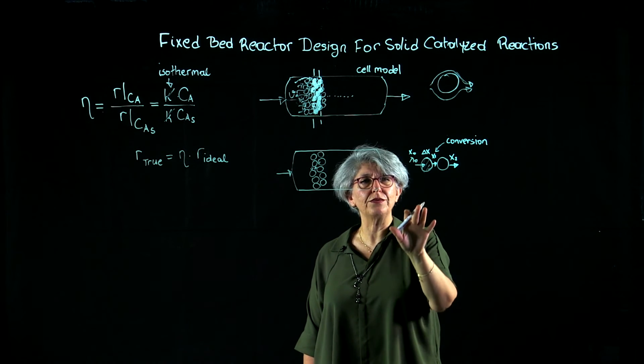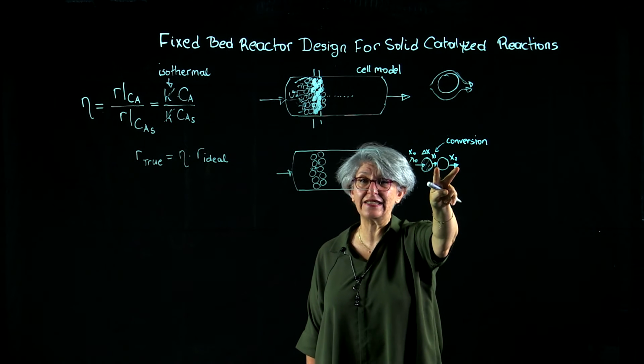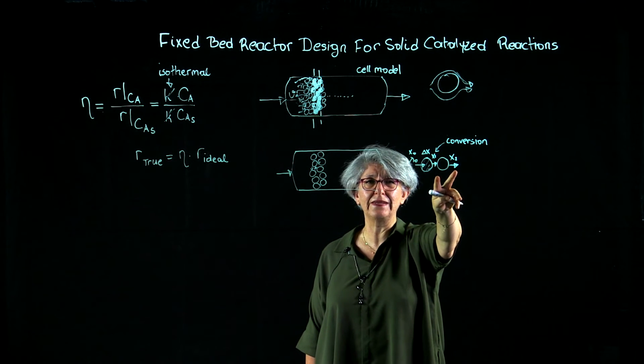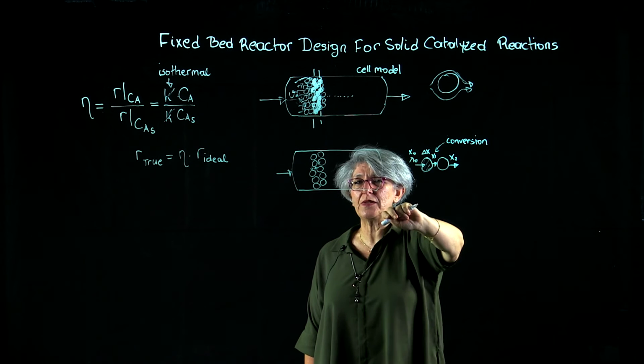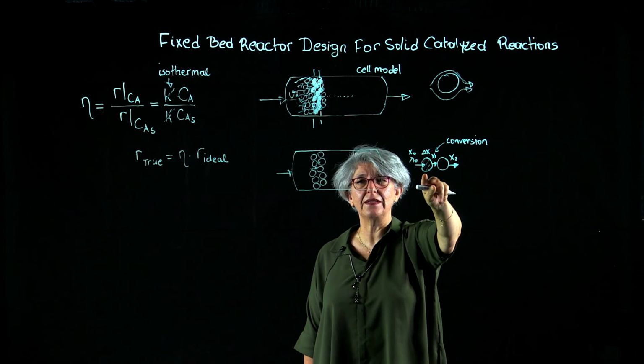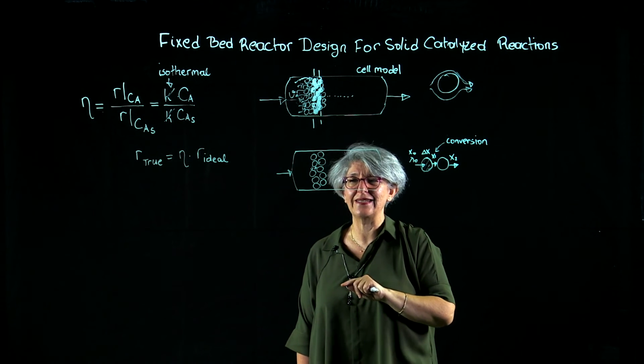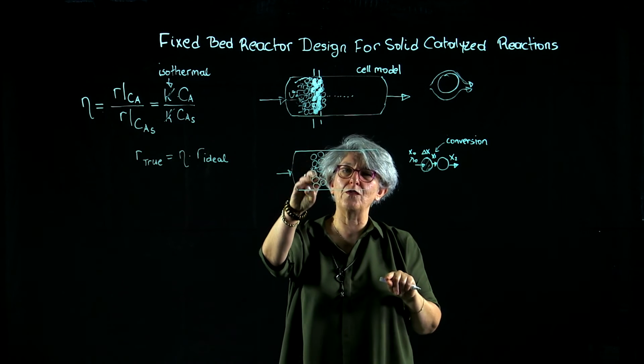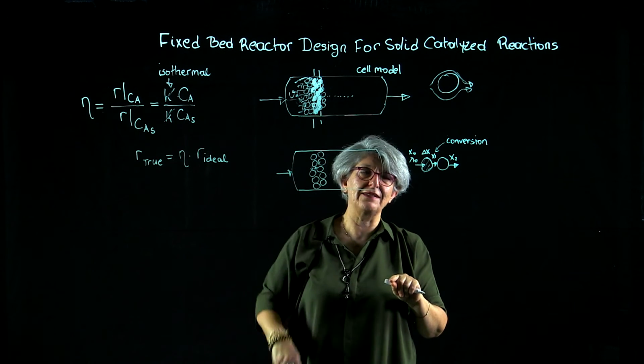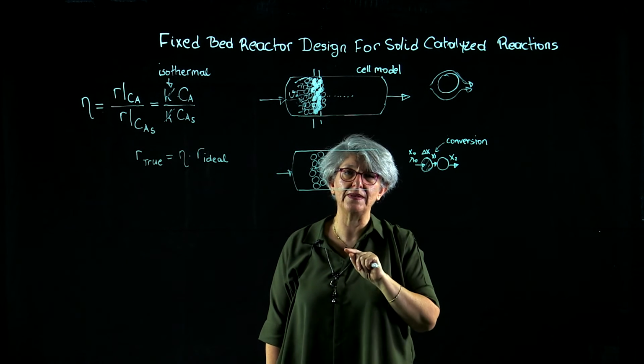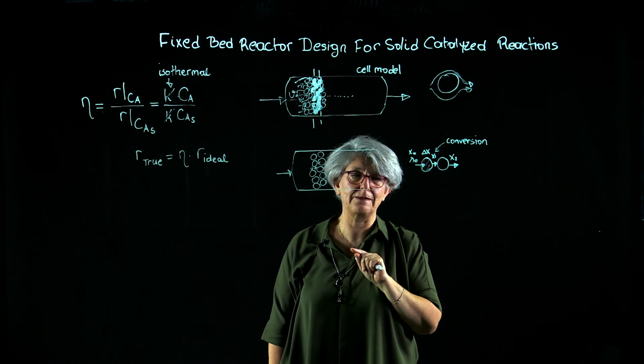We can argue that this is a tanks in series model, and you would be right. The difference between the tanks in series model and our cell model is that we allow for variation both in the radial and axial domains.